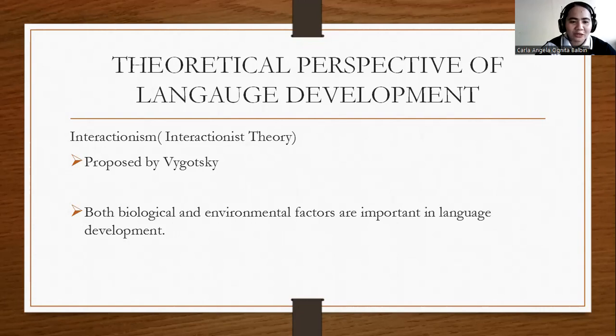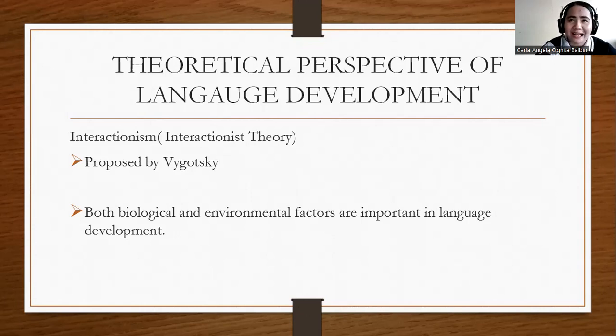So interactionism believes that both the environment, again, and the biological have something to do with how a child develops language. So meaning to say, interactionists believe that language is a byproduct of the child's social interaction and the important people around them.